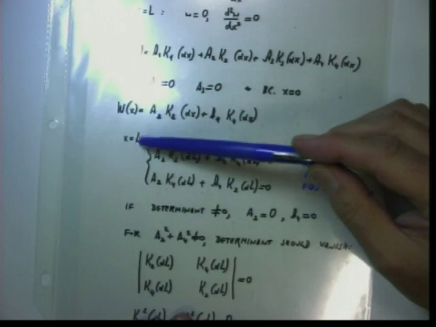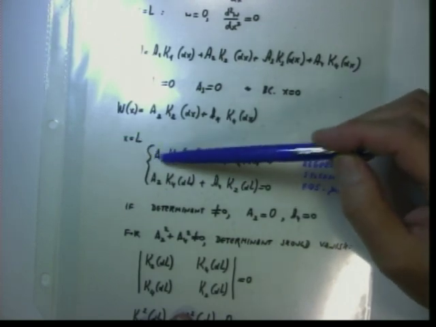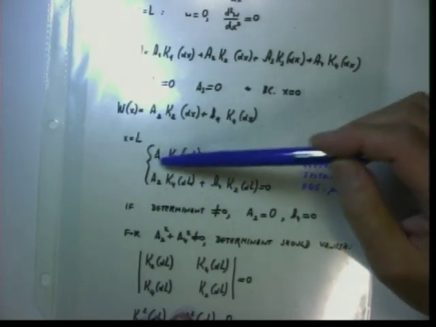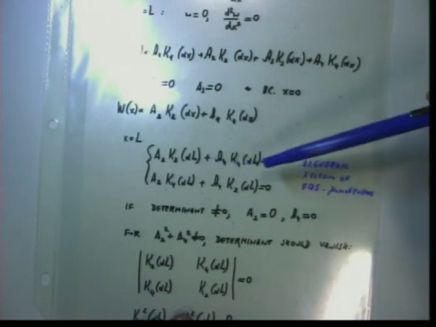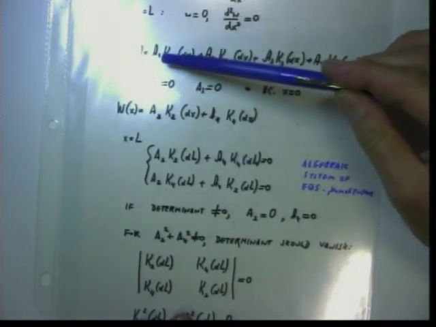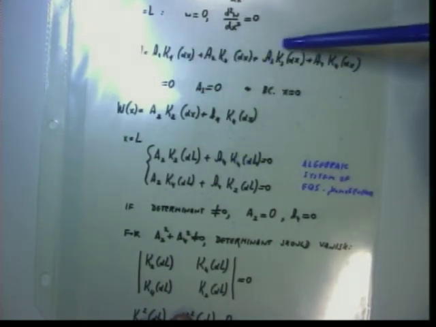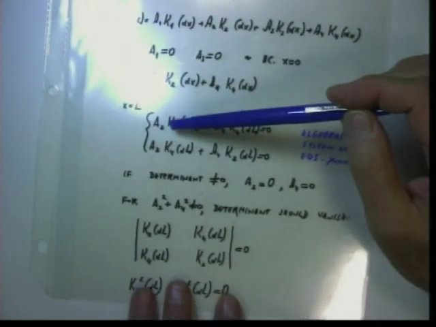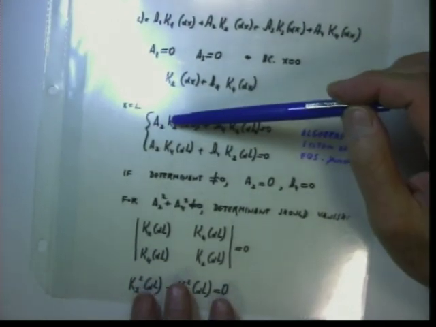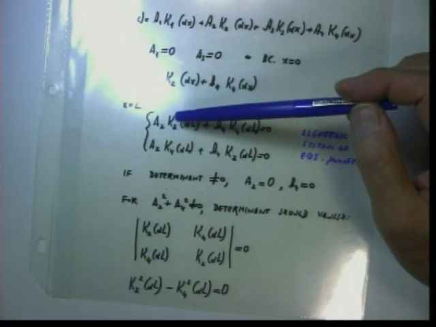Then we demanded conditions at L. Displacement equals 0 gives A2 K2 plus A4 K4 equals 0, because the other terms fell out. Now here, when I differentiate this K2, we may also write down the forms that we did, if you remember.